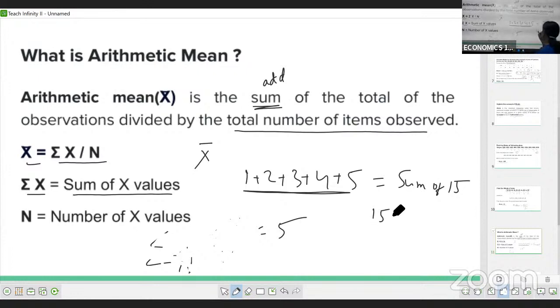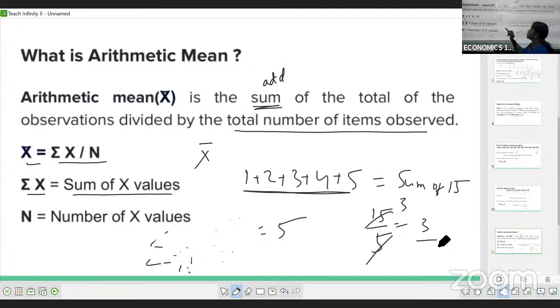Then 15 divided by 5. 5 ones are 5, 5 threes are 15. So the arithmetic mean for this given data is 3. The n is the number of x values and sigma x is the sum of the x values. Sum means the total or addition of the given data.